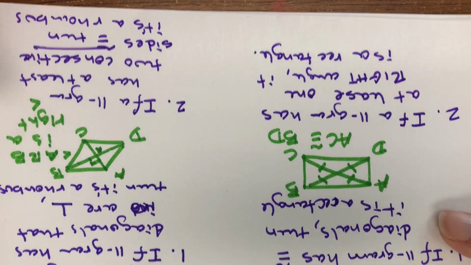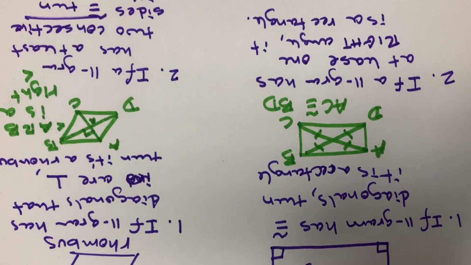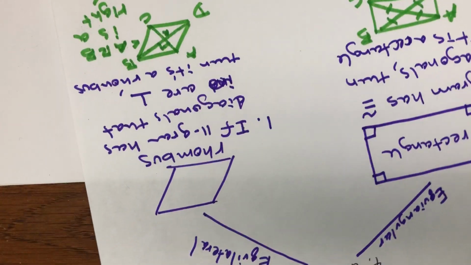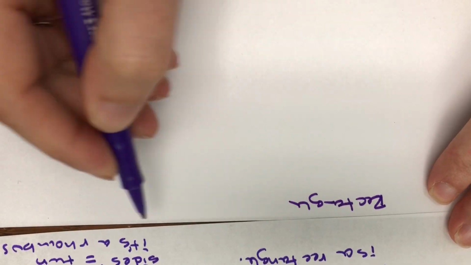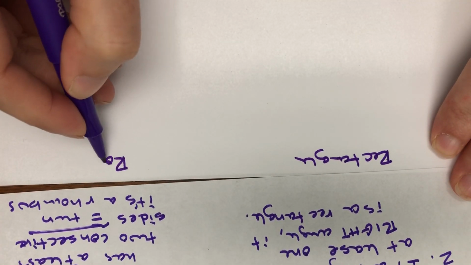Now, I've run out of room on my paper, but maybe you have room on yours, maybe not. We haven't talked about squares yet. What do we know about squares? Squares are, so here we have our rectangle, and here we have our rhombus.